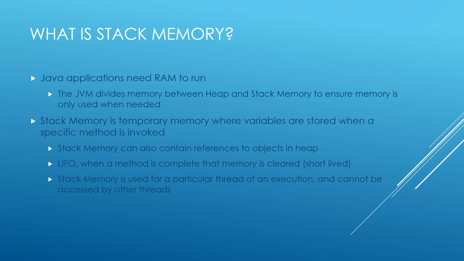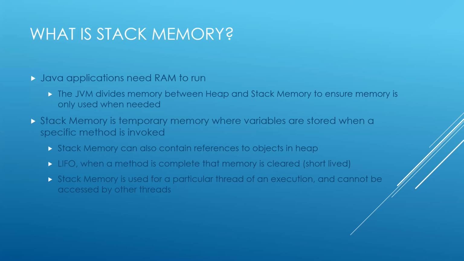We've talked about heap memory, the garbage collector, how heap stores objects, loads JRE and JDK classes, items of that sort. What's different with stack memory is that it's temporary memory, and it's going to store variables when a specific method is called, or references to objects in heap. Those are the two major reasons stack memory is used.